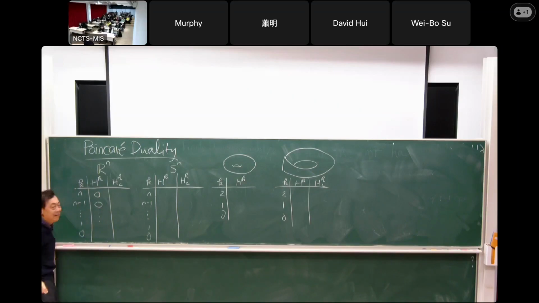H^0 is R. Okay, and everything else is 0, right? Because it's homotopic to a point. And with compact support, then how about volunteers?